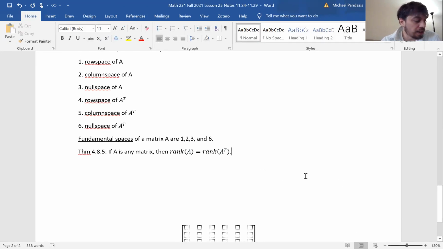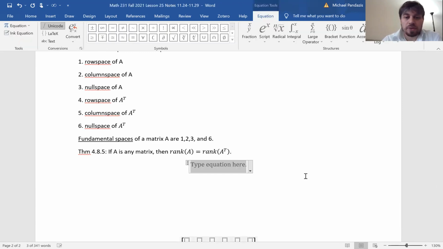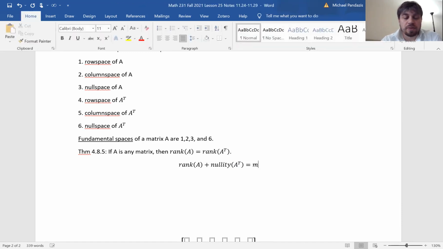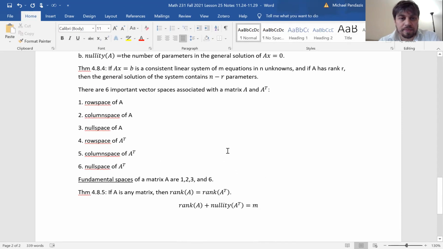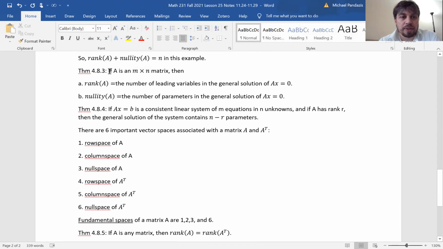Also, if you have the rank of A and you add the nullity of A transpose, it's equal to M, little m, where it's the number of rows of A. So A is still an M by N matrix.